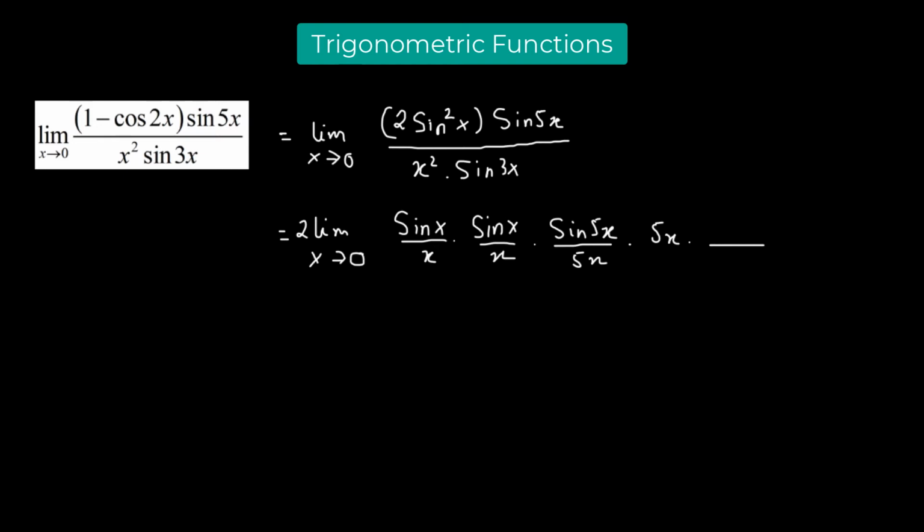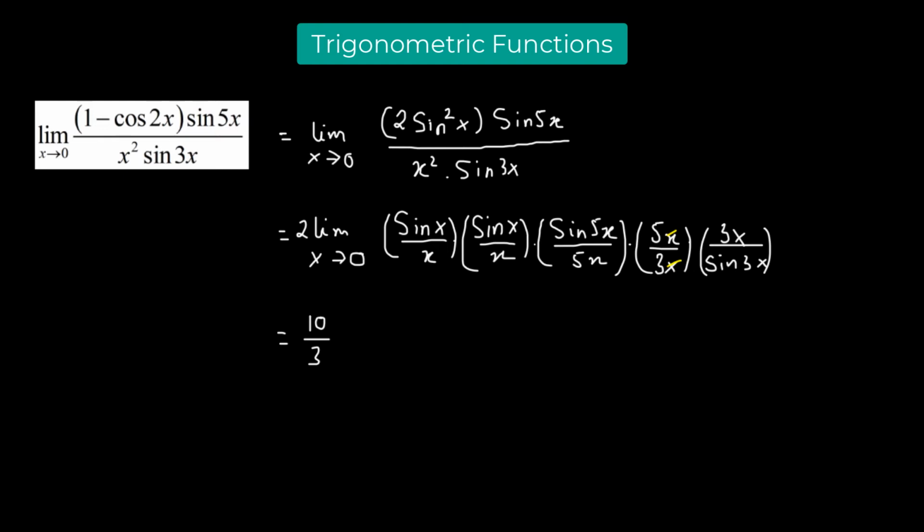Then we have 1 over sine 3x, which we multiply by 3x and divide by 3x. And then we apply the limits to each of the functions. So here 5x over 3x, the x and x get cancelled out, leaving us with 5 over 3, the constant that gets multiplied to 2. So we have 10 over 3.